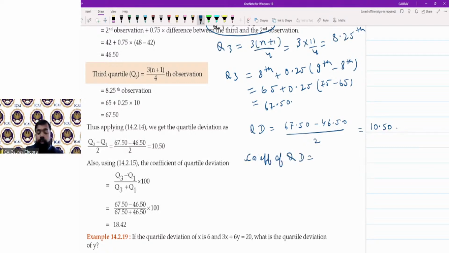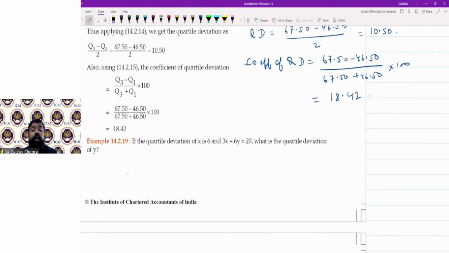The coefficient is (Q3 minus Q1) upon (Q3 plus Q1), and then multiply by 100. After solving this, we get 18.42. This is the coefficient of quartile deviation. It's very easy to calculate. The only thing is you must have knowledge of quartiles, which we have done in the previous chapter.